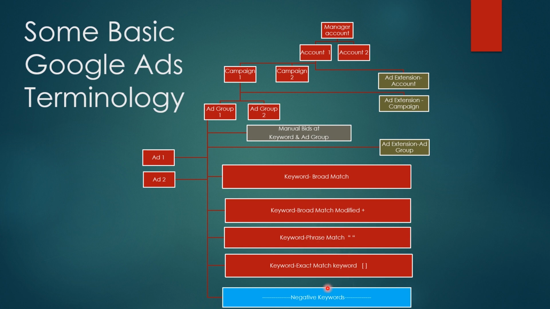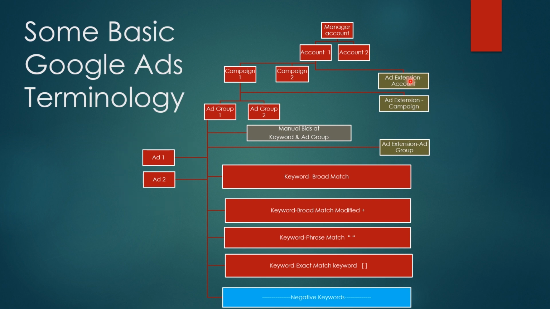It also considers what is known as negative keywords, which tell Google when not to display an ad, and it takes your bidding information and other information, including quality score, and decides whether it should show your ad or not.